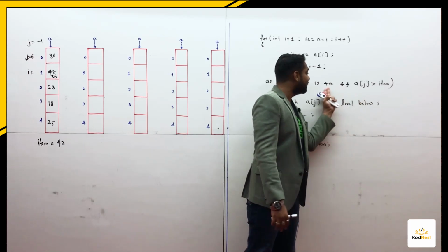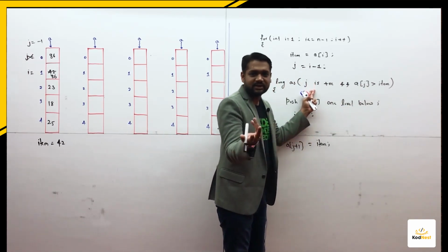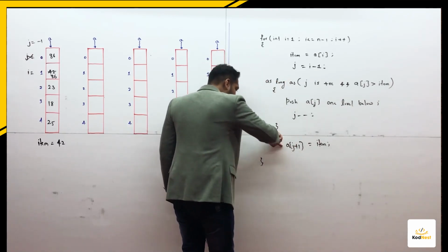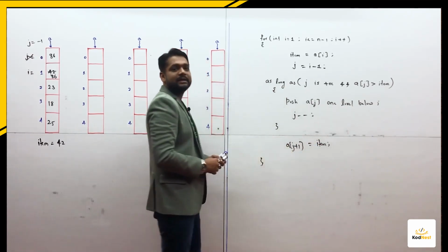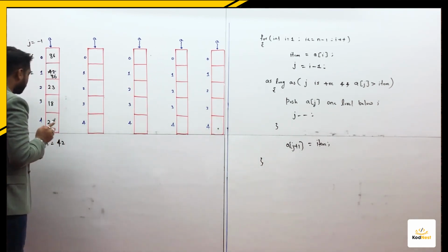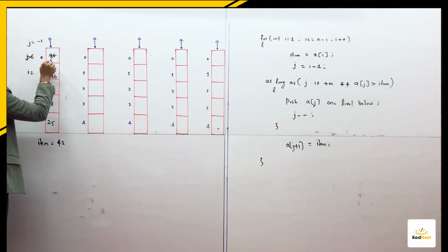Always remember, it is an AND condition. Both conditions should pass, so if one condition fails, it has failed. Control will come out of the loop. Whatever is there in item, take it and give it to a of j plus 1. 42 will come here.